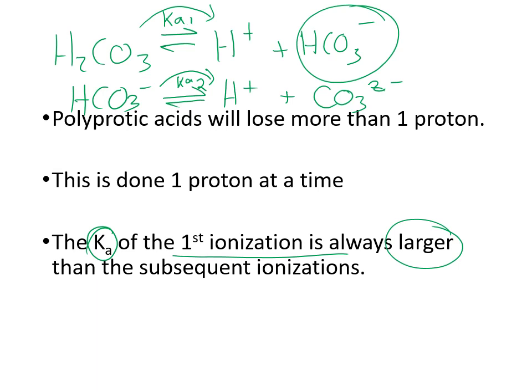So this Ka1, the first time a polyprotic acid loses a hydrogen, is always going to be much bigger, that's a big arrow, than the subsequent ionization. So both will happen, one and then the other, but the first ionization is much, much greater than the second ionization.